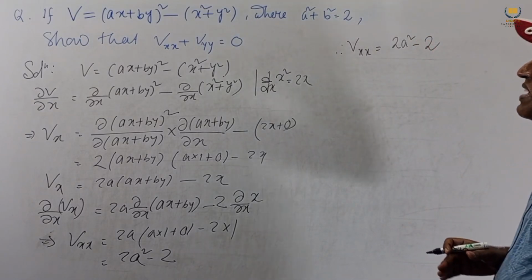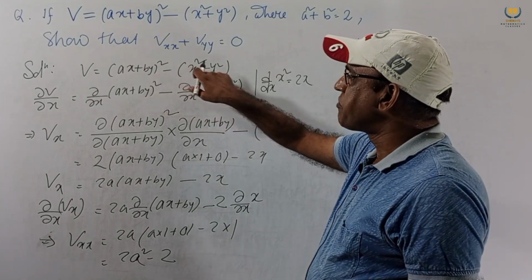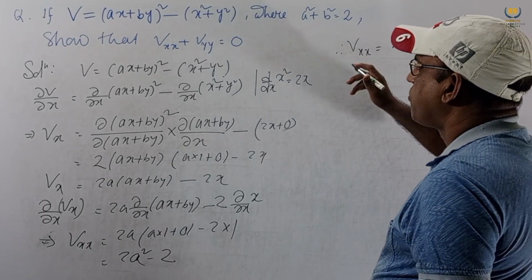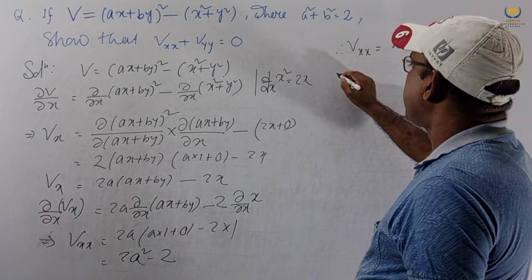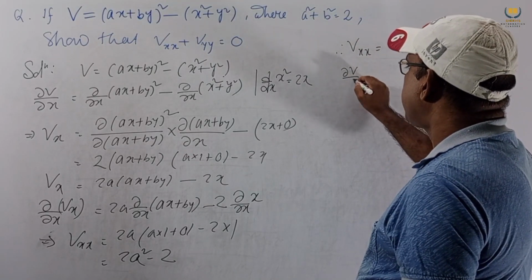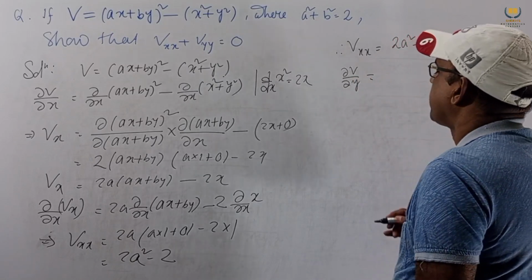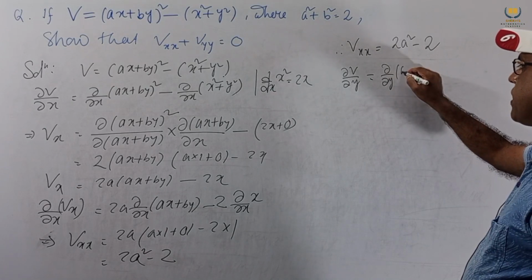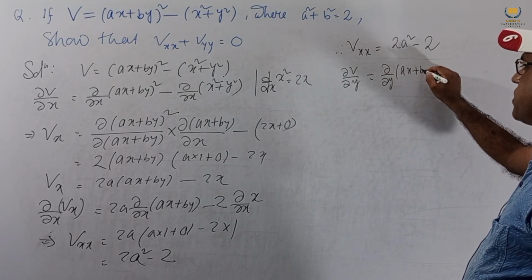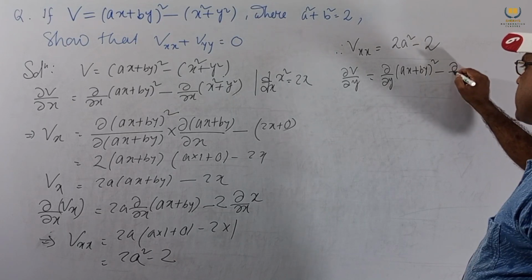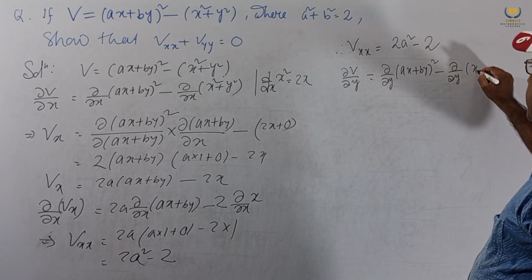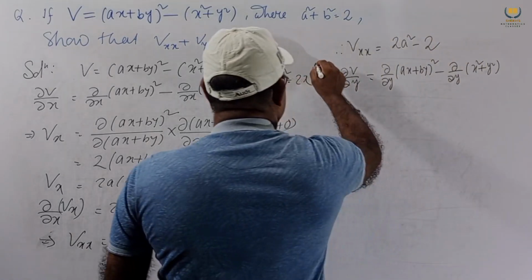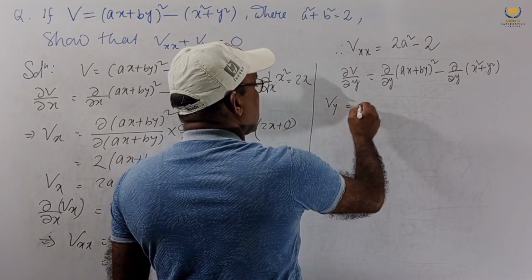Similarly, the procedure is the same if we differentiate with respect to y. Again del v by del y: del y of (ax plus by) whole square minus del y of (x square plus y square). This is vy.